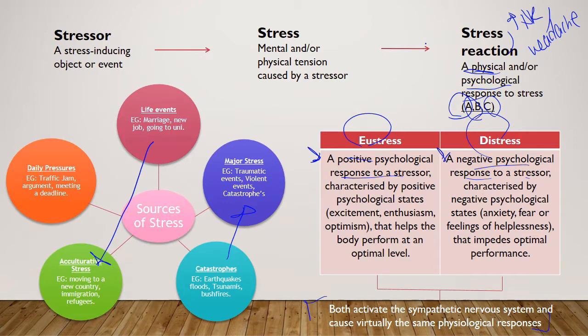Make sure that you know the key characteristics of each of these sources of stress, and make sure you know similarities and differences for each, okay? So for example, if we are going to compare and contrast, let's say, a daily pressure and a life event, a similarity might be that they can both involve negative things, okay?